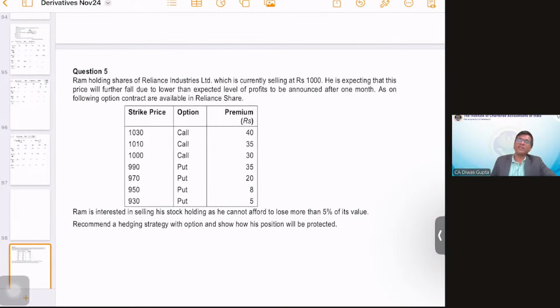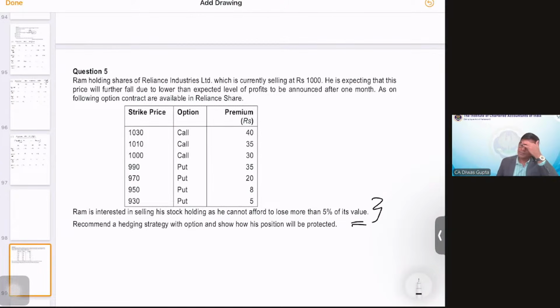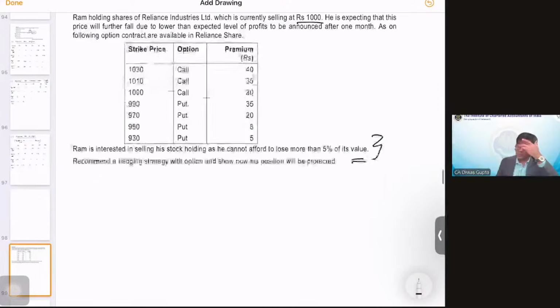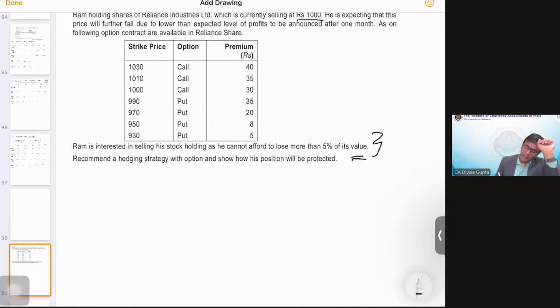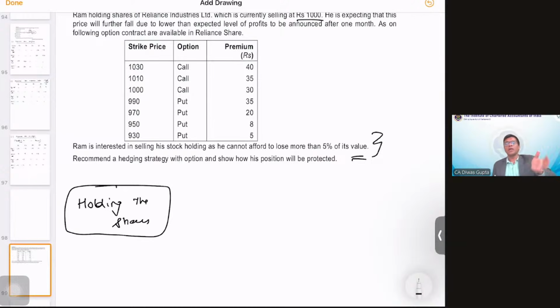So they have given you the risk. What's the risk? The risk is only to the extent of 5% of its overall value. What is the share price? 1000. So come on, students, tell me, if I am holding the shares in the spot market, which is the underlying market, which risk am I exposed to?